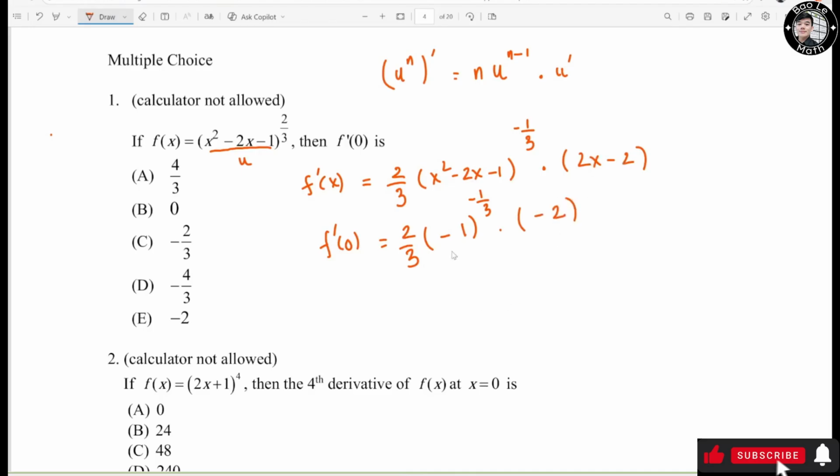Now, negative 1 raised to the negative 1/3 can be rewritten as 1 over negative 1 raised to the power 1/3, which is 1 over the cube root of negative 1, and that's negative 1. So negative 1 times negative 2 is 2, and 2 times 2 over 3 is 4 over 3. So the answer must be A.